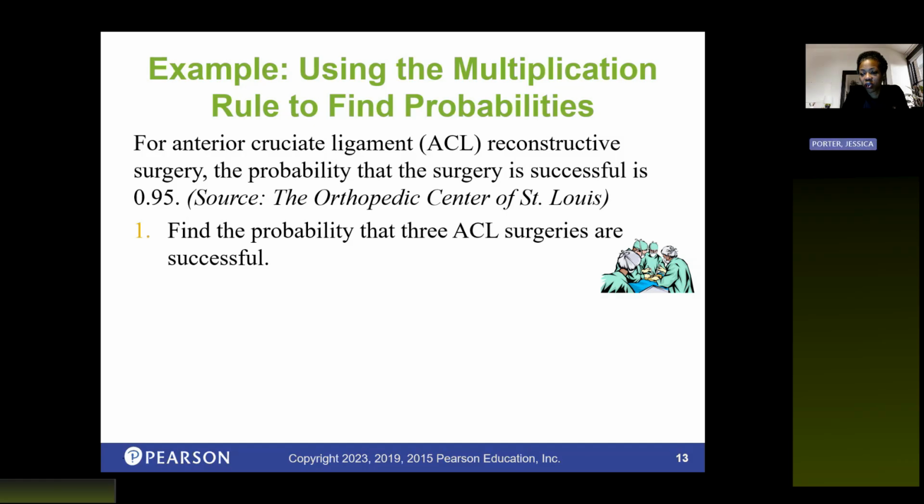Does one surgery depend on another surgery? Got a lot of independence. Since they're independent and they occur in sequence, the probability is going to be 0.95 times 0.95 times 0.95. That's 0.95 cubed, right?